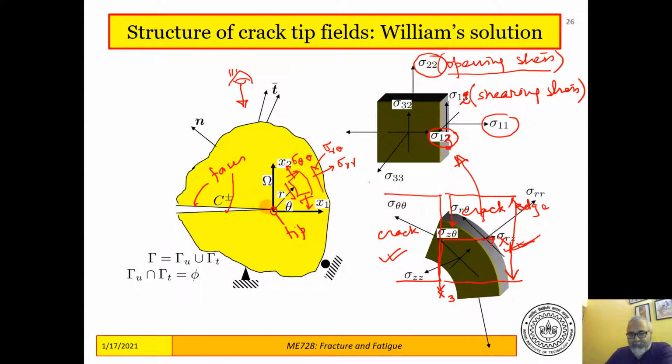Now we are interested in stress states very close to the crack tip in this region, very close to the crack tip, far away from the boundaries. So that's why we call this an isolated crack. And this solution was given in 1957 by Williams and is called the Williams solution.